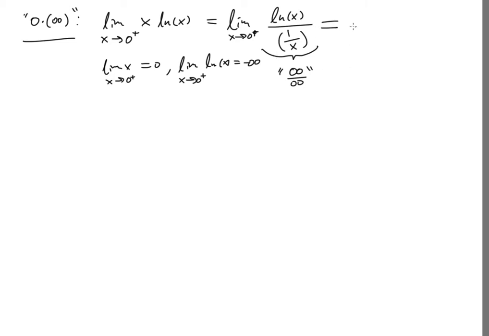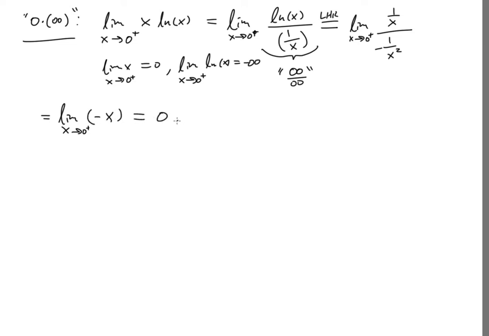So L'Hopital's rule can be used, and we can take the limit now of 1 over x all over negative 1 over x squared.